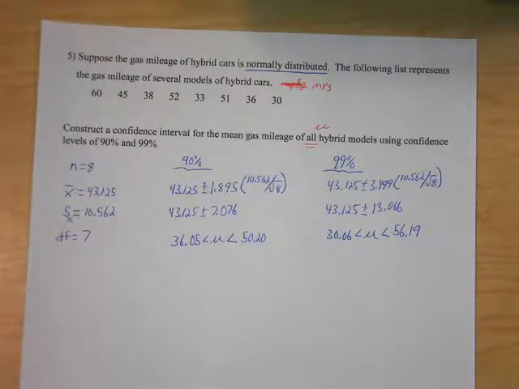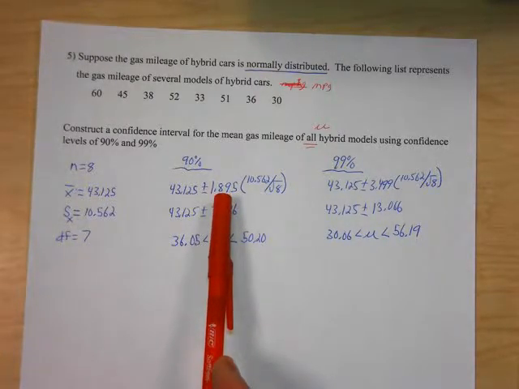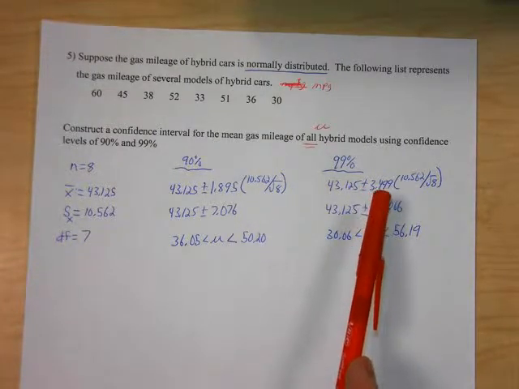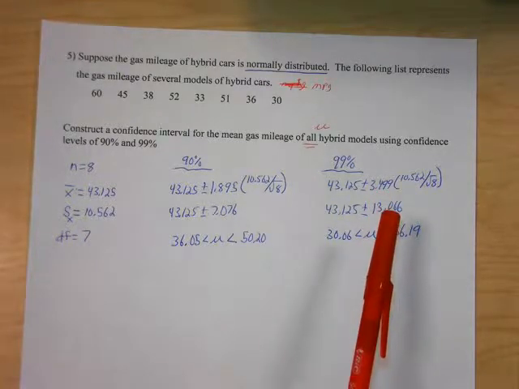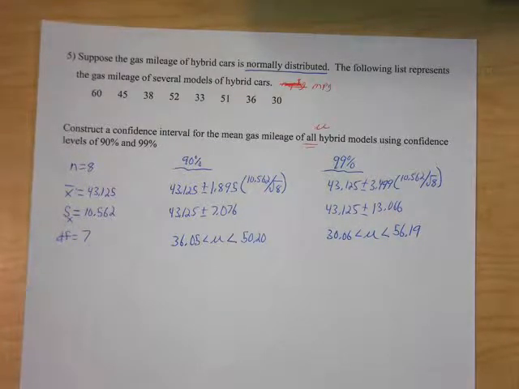The 2 points I'll make is that notice how the t critical value, 1.895, compared to 3.499, meant that to be 99% confident, we ended up with a larger margin of error, 13.066 compared to 7.076. Almost twice as large of a margin of error when we went from 90 to 99% confident.